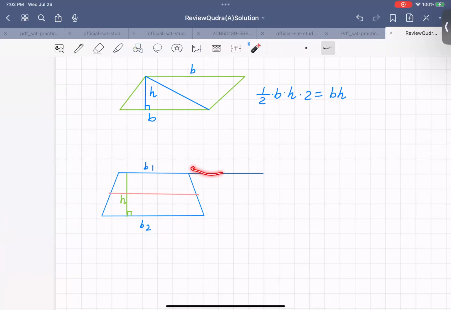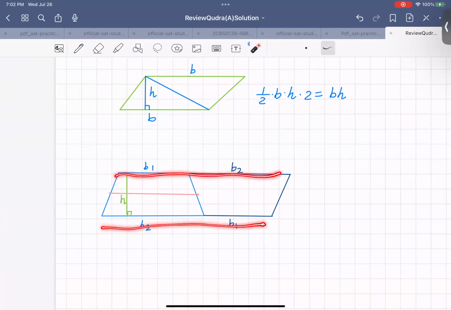We can make this piece equal to this piece, and that piece equal that piece. So this part you can call B2, this part B1, right? Did you notice that these two parts are equal now? This is B1 plus B2. This is B2 plus B1.